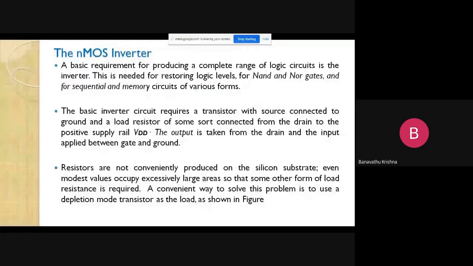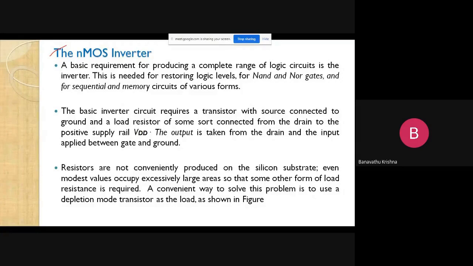Next, the NMOS inverter, as I told you in the first slide. Here the inverter is implemented by using NMOS devices only. You can use one NMOS transistor and, as the other device, a resistor, and then you can implement the inverter operation.